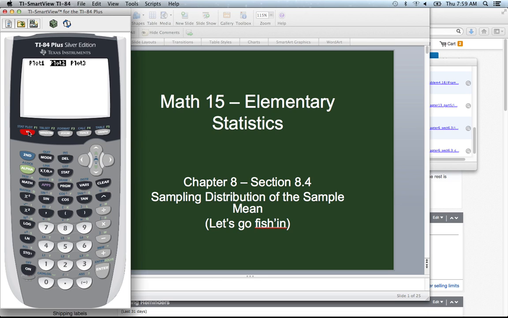I already have my statistical plot window configured. Let's see what this looks like. All right, so I've spread this out a little bit more, okay? You can see it looks like a pretty normal looking type of distribution. And this data set came from a mathematically perfectly normal distribution.